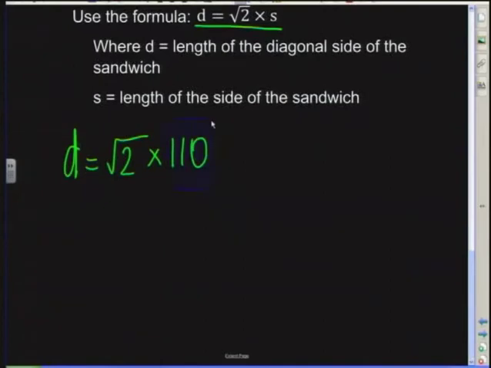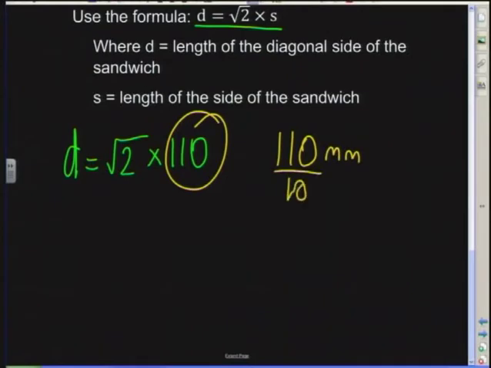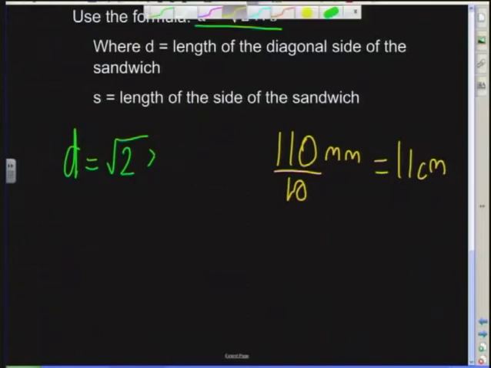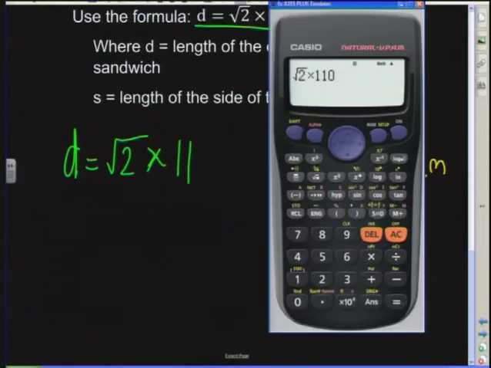So we need to convert this first. So 110 millimeters, and we divide by 10, gives us 11 centimeters. So rather than doing that, I'm going to erase that, and I'm going to go back to my green pen, times by 11. So on my calculator, times by 11, and I get the answer of 15,56.